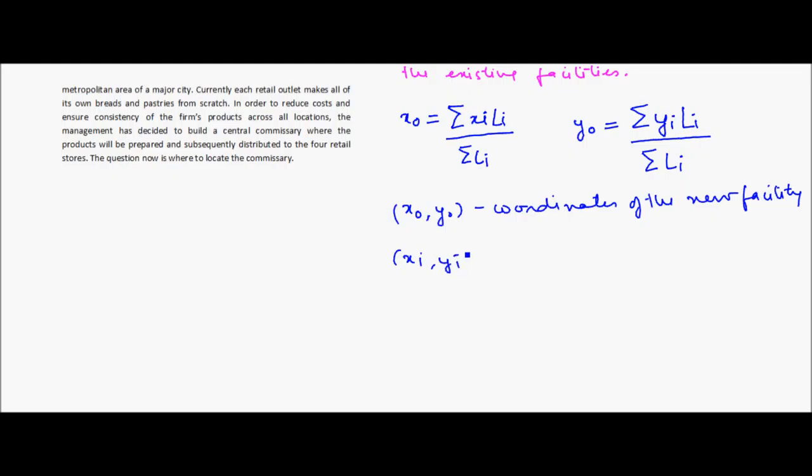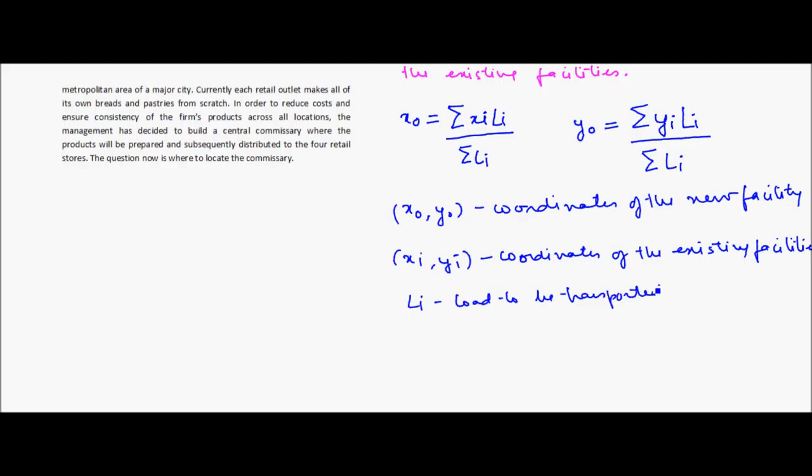Xi and Yi are the coordinates of the existing facilities, and Li is the load to be transported between the existing facilities and the new facility.